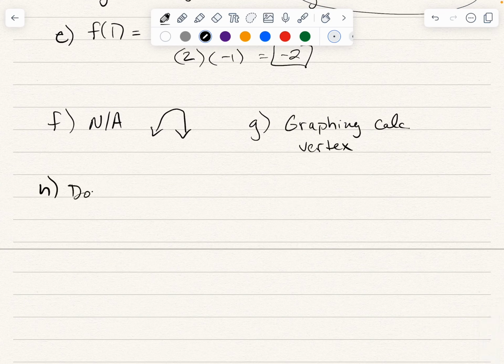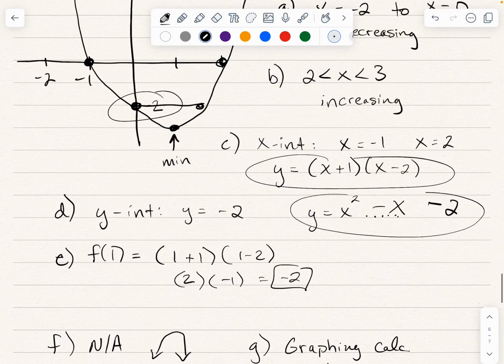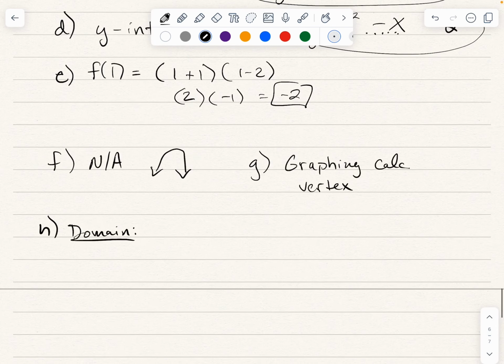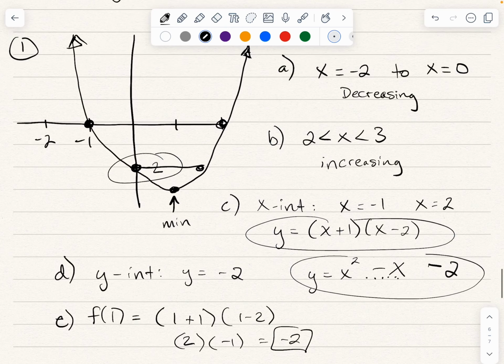H, your domain. Domain is all of the x values on the graph. Because our x values have arrows on the end here, this is telling us that our domain is going to be all real numbers. So all real numbers. Our range is the y values here. Our y values are going to be everything above the minimum for this graph.